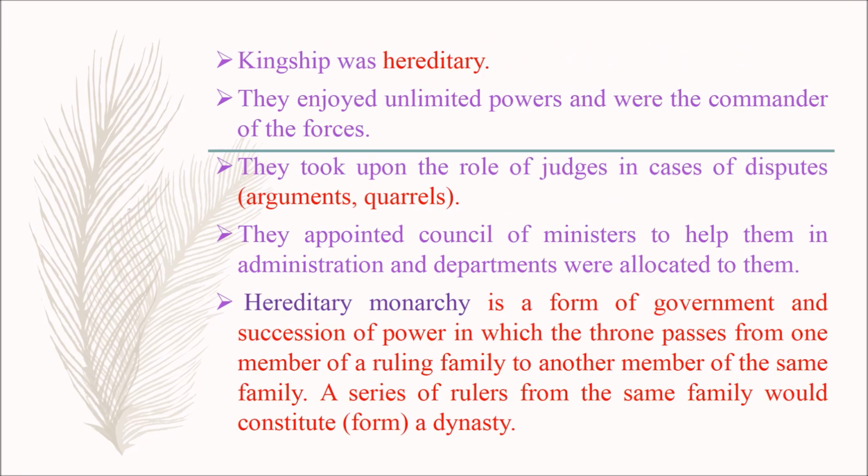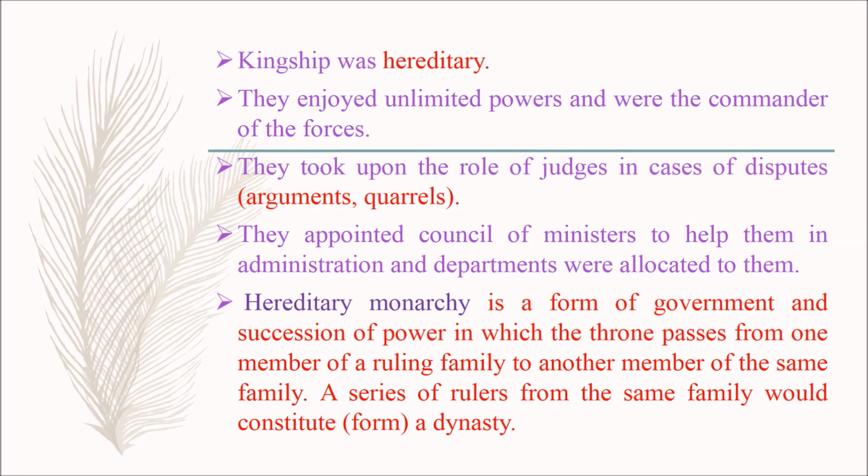So here, hereditary monarchy means it is a form of government and succession of power in which the throne passes from one member of a ruling family to another member of the same family. In other words, a series of rulers from the same family would constitute, which means form a dynasty.